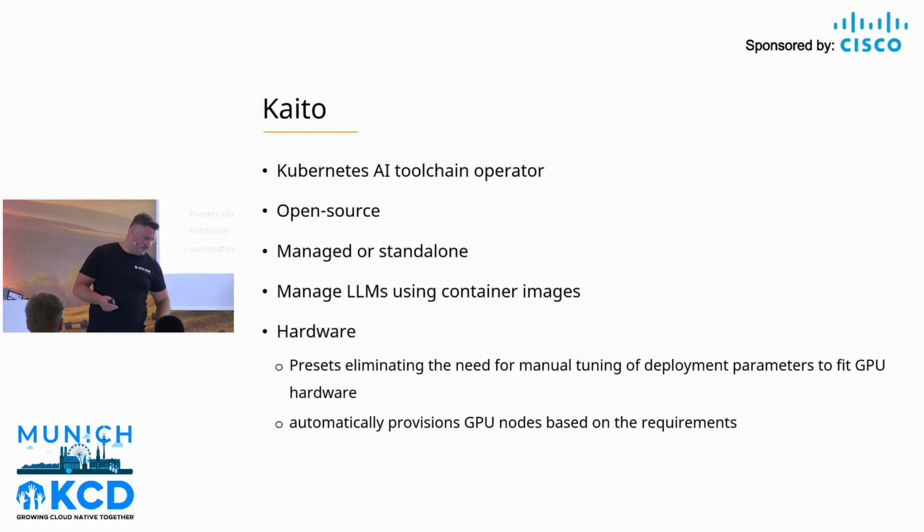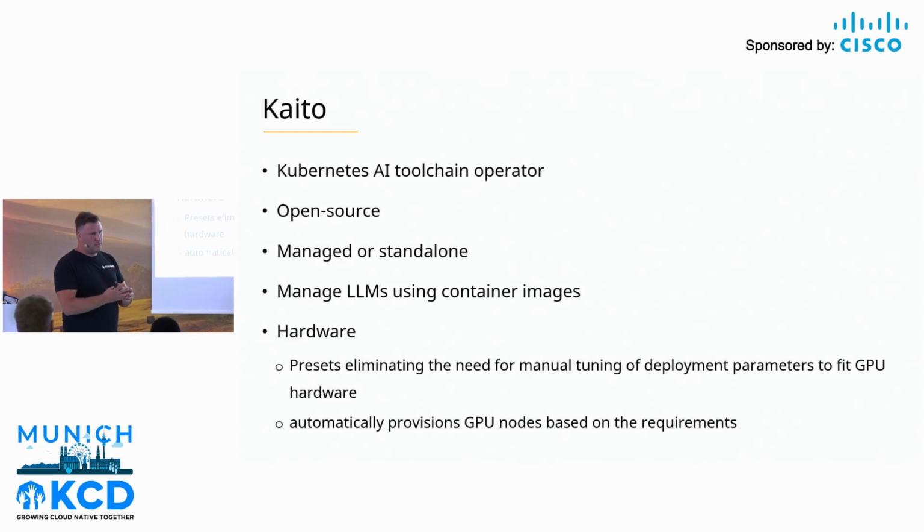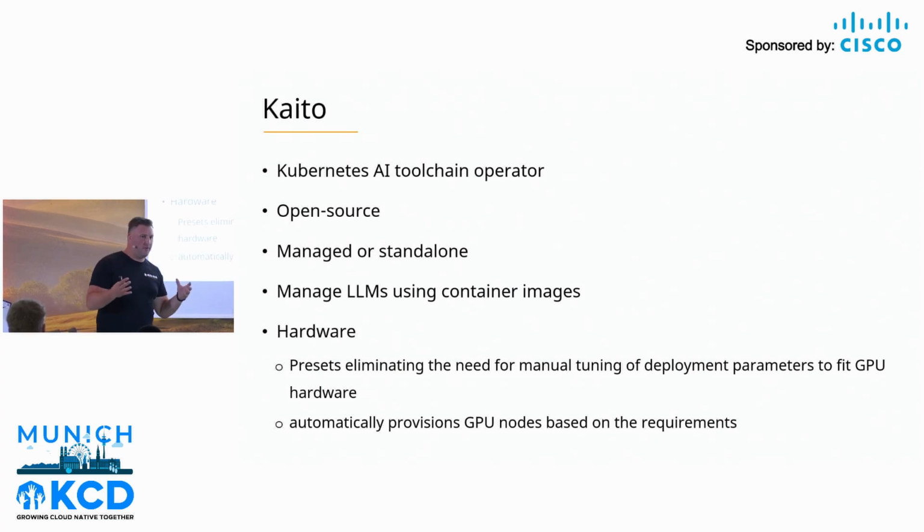You just run them in Kubernetes. It also eliminates, with presets, the effort of tuning our GPUs and everything for the model. So you have presets with Kaito, you apply those presets, and everything is like you want it. You don't have to tune everything. That's the idea behind it. And it also takes care of provisioning the GPU nodes for us.